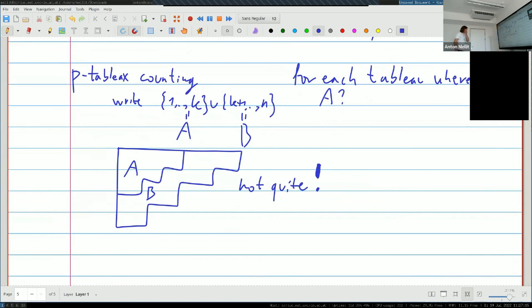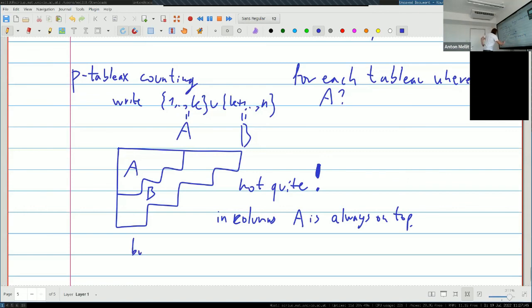So what is wrong? What is not true? Yeah, that in each column, of course, all elements of A must be on top of elements of B. Is always on top. But in rows, it's not so.